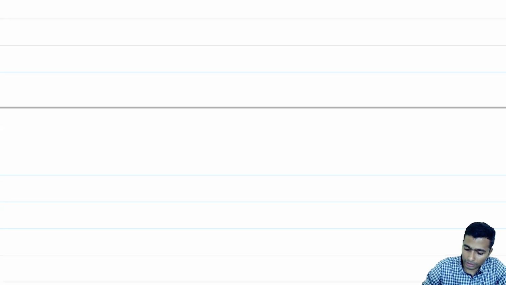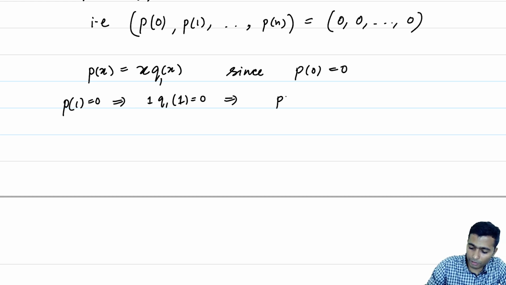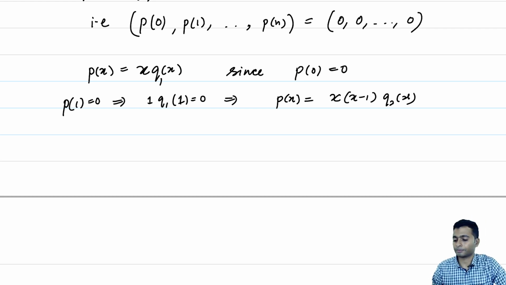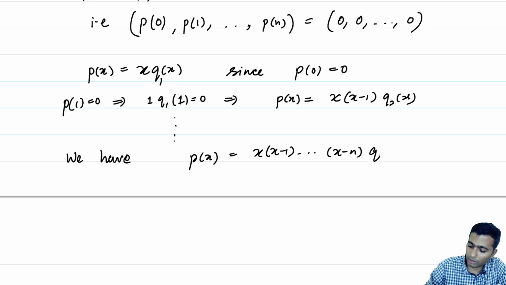Okay, next. P of 1 equal to 0 implies 1 times Q1 of 1 is equal to 0. This implies P of x is equal to x times x minus 1 times Q2 of x. And continuing like this, we have P of x is equal to x into x minus 1 into up to x minus n times Qn of x.